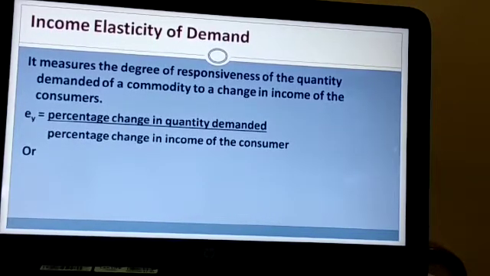When we look at the formula, in the numerator there is always quantity demanded, and in the denominator we have the change in income of the consumer.